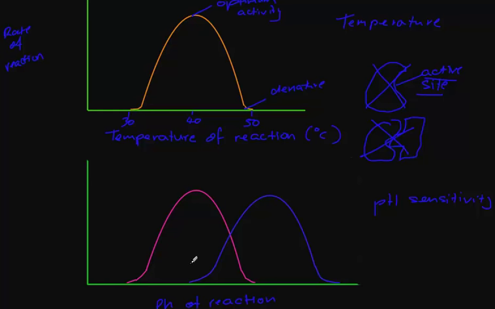And we can see there's two distinct curves with a little bit of a crossover. Again on our y-axis we have rate of reaction. Within the cell, most of the reactions occur optimally around neutral, which is pH 7. Outside of pH 7, most reactions don't work so well within cells.